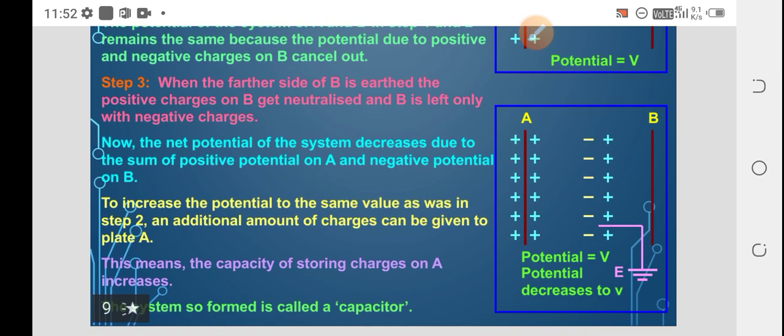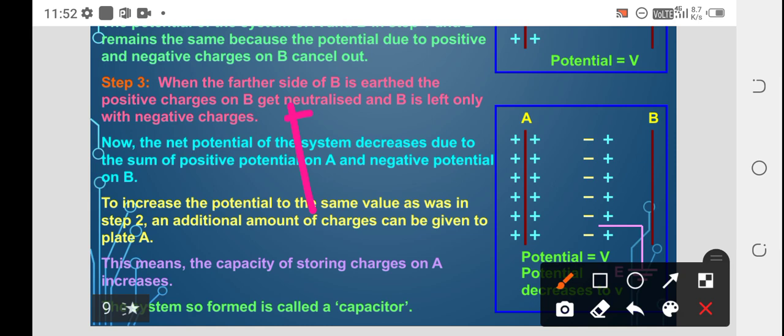Now, the net potential of the system. I have taken two different plates, one is A, one is B. This is the positive and this is the neutral one. Now you bring this one towards A. From A, the positive charges induce charge on B, and one side accommodates positive charges, the other side accommodates negative charges for this neutral body.